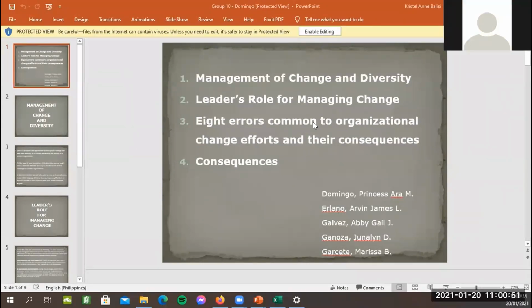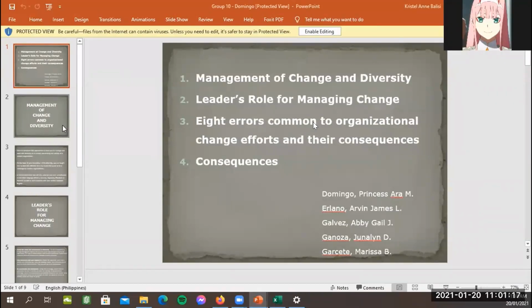Good morning, everyone. This is our group report, Management of Change and Diversity. This is a structured approach to teach you to manage and work with diversity as a concept or overarching theme in any activity of a modern organization. It prepares you to participate in leading, managing, and organizing activities.